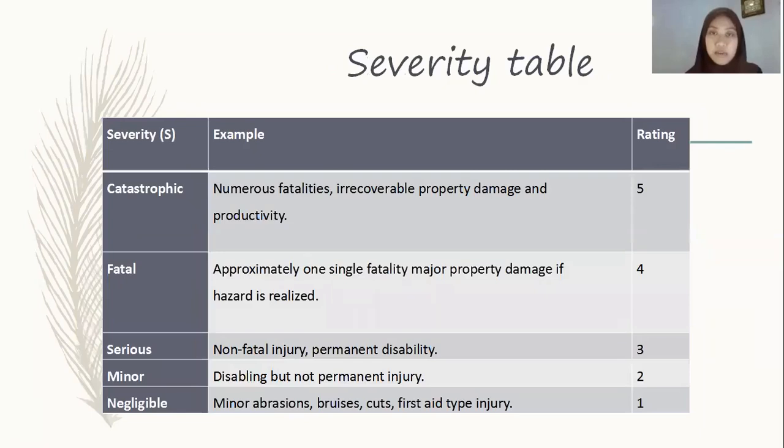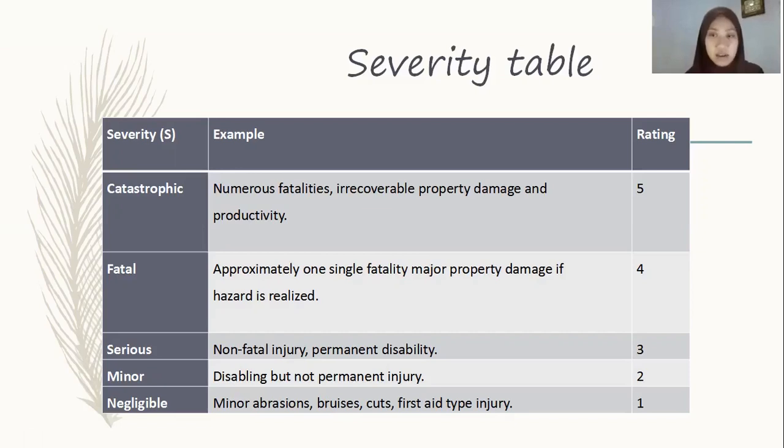For the severity table, there are also 5 ratings. The highest rating is catastrophic, numerous fatalities, irrecoverable property damage and productivity loss, which is a 5 rating. The 4 rating is fatal, approximately 1 single fatality, major property damage if the hazard is realized.